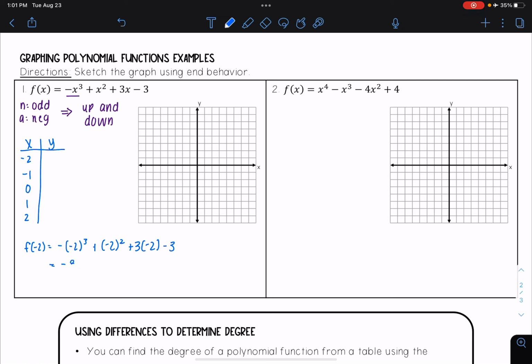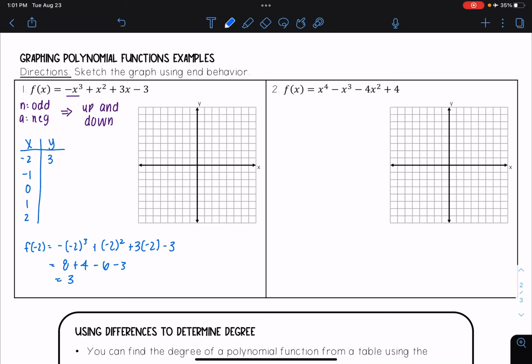And so I have negative 8, so this ends up being a positive 8, plus 4 minus 6 minus 3.